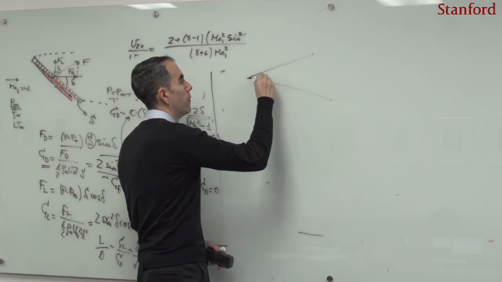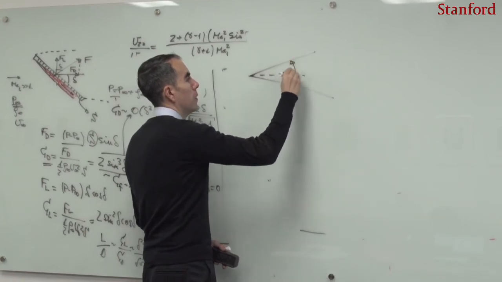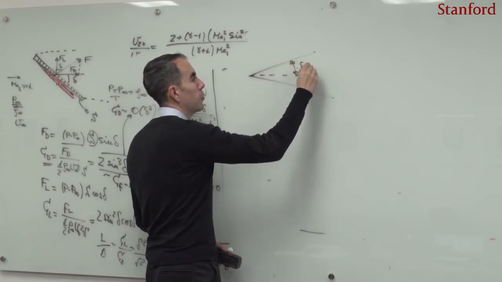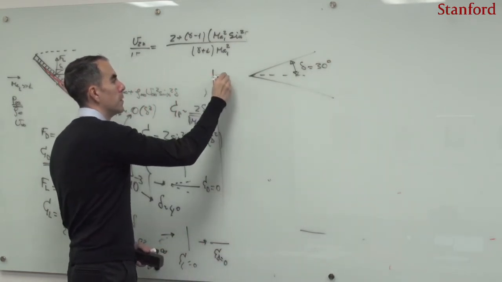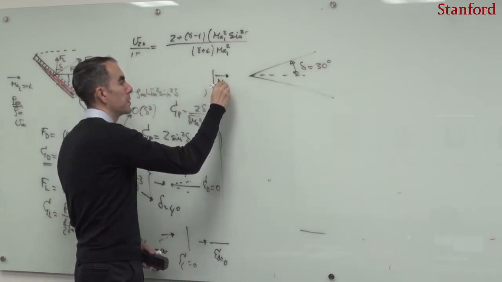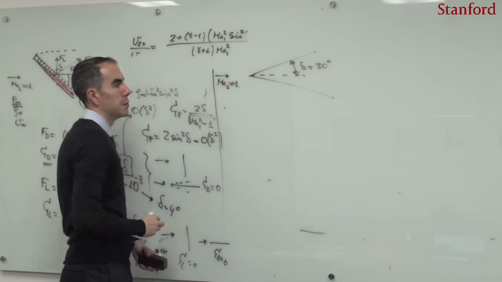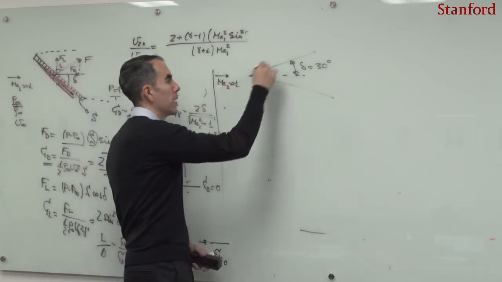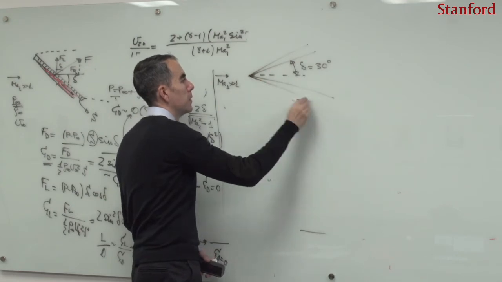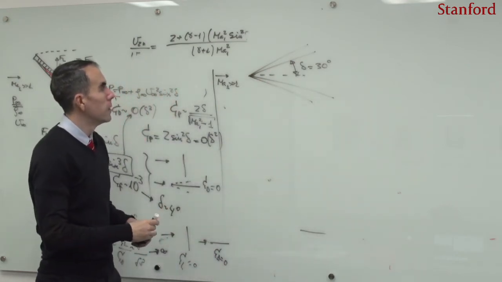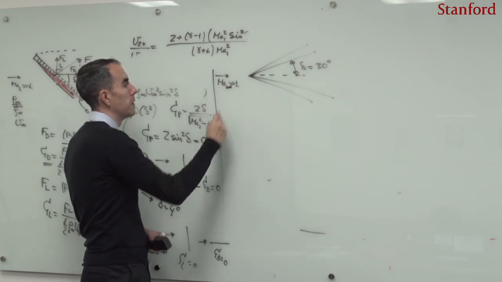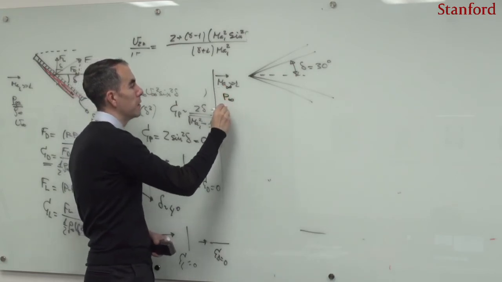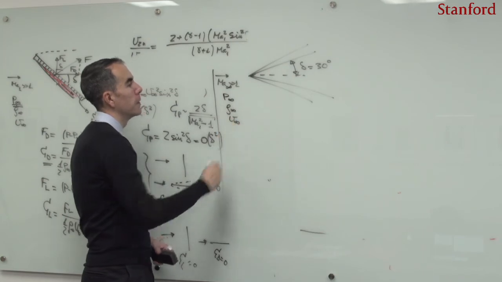Again, I'm interested in a wedge that has an angle of 30 degrees. Right, and this is going to be a wedge at high Mach numbers. So obviously, here I'm going to have these oblique shocks, right? And then let's say that here, let me call this Mach infinity. Here I'm going to have a P infinity, a rho infinity, and a U infinity.